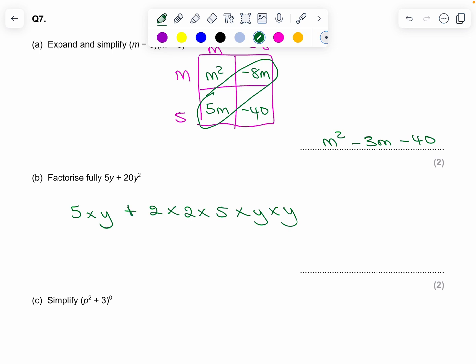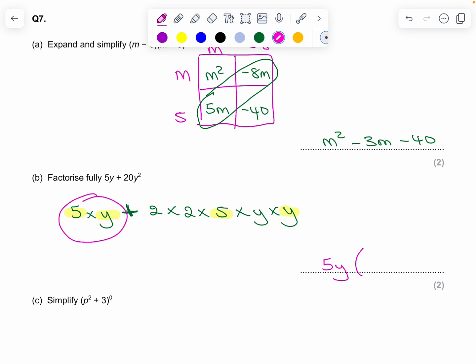Now it's been separated by the add, and we pick out what appears on both sides. So we've got a 5 on both sides, and we've got a y on both sides. So we're taking those outside the brackets, so 5y outside the brackets.